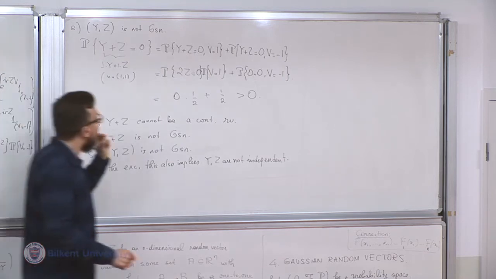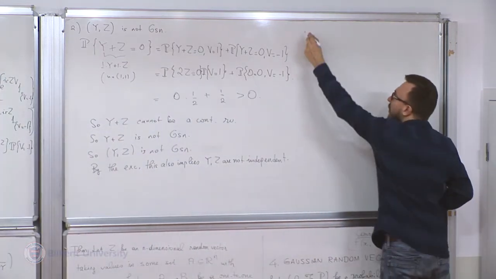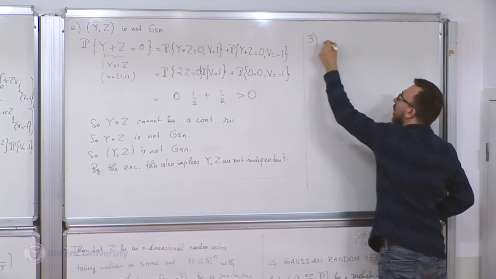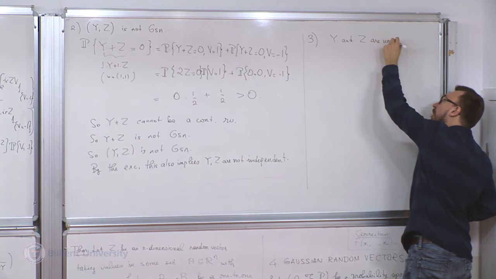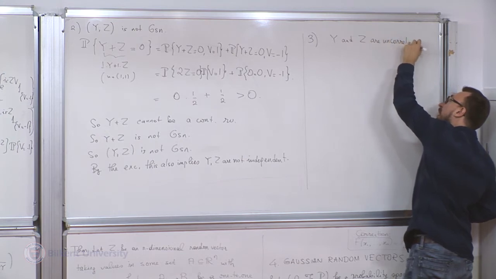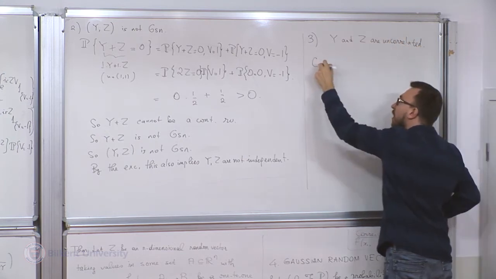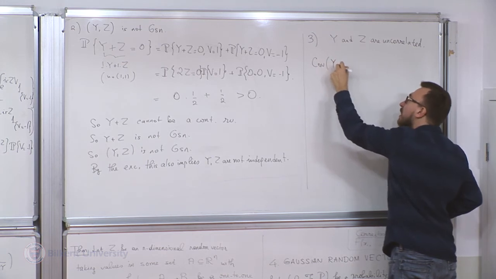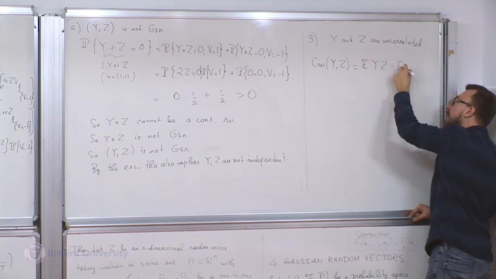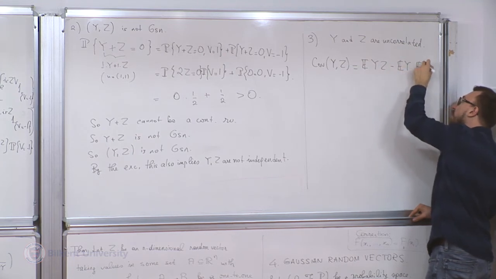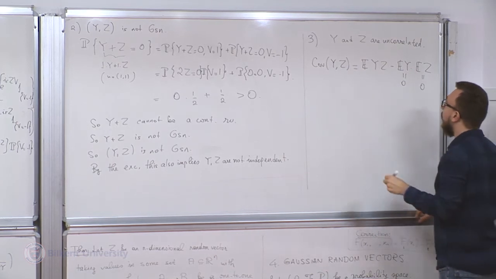What is even stranger is that Y and Z are uncorrelated. In other words, they have covariance 0. Let's check: expected value of YZ minus expected value of Y times expected value of Z. Well, these are both 0 because they're Gaussian 0, 1.